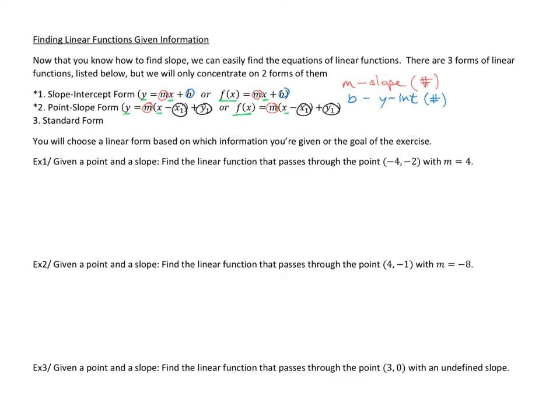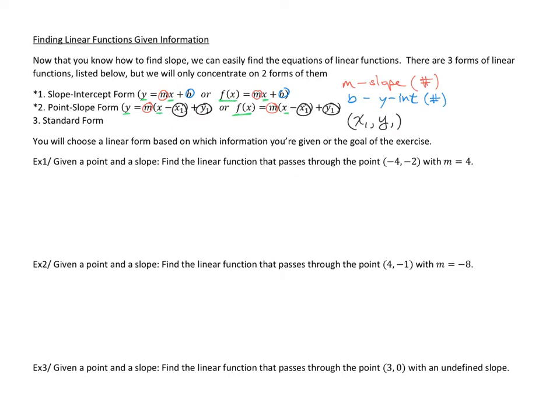And we've already talked a little bit about that. That x1, y1 will be an ordered pair, and that will be given to you. So one thing that you want to do is be able to create both forms of these equations given some information.